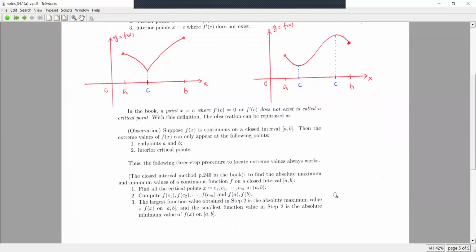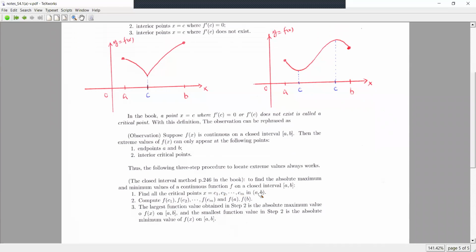Suppose there are m critical points, all inside the interval. Say, look at this graph. Step 1 means find this point, the corner. In this graph, the critical points are this point, where the tangent line is horizontal, and this point, where the tangent line is horizontal. So find these points. Find all the critical points in the open interval between A and B.